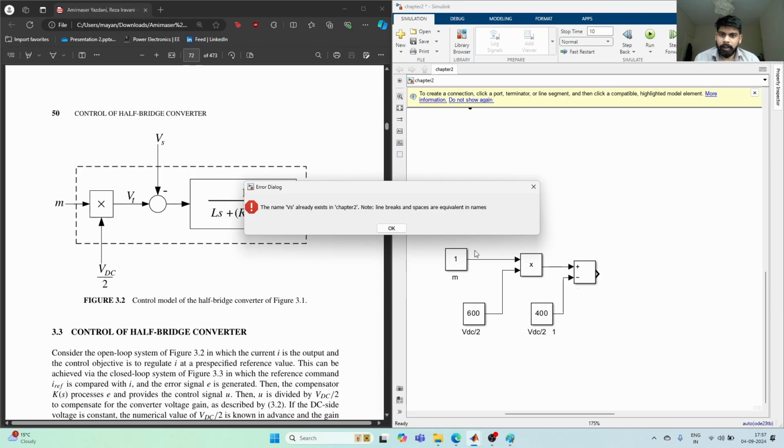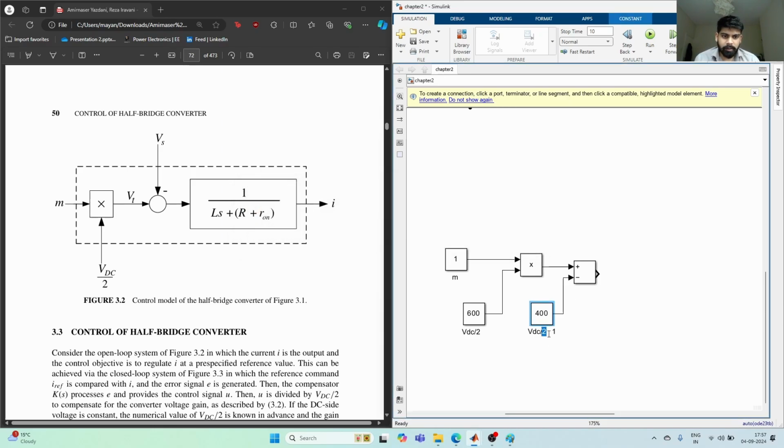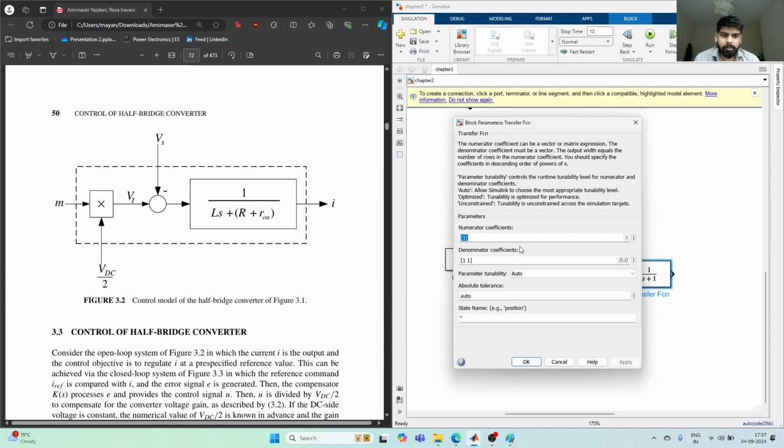VS, okay, and then we need this transfer function. So I'll put the transfer function. This one corresponds to the numerator one. We need the L and R values.